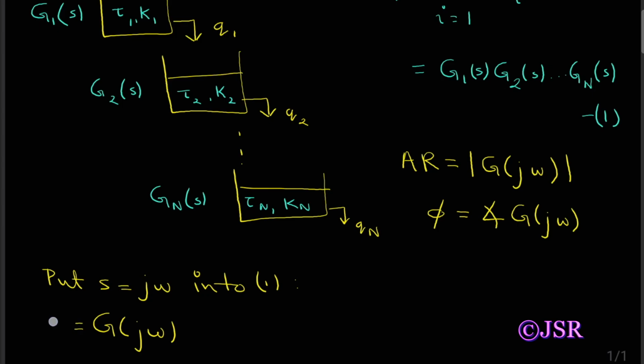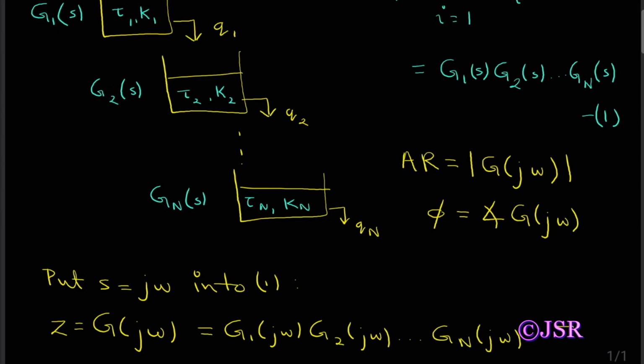Let's say this is the complex number Z, and so this will be G1 of j omega, G2 of j omega and Gn of j omega.